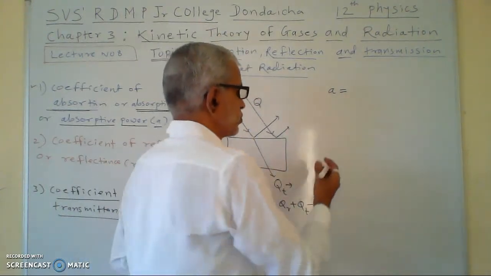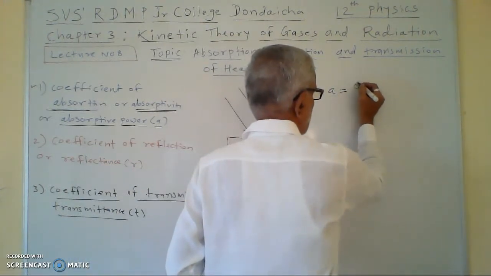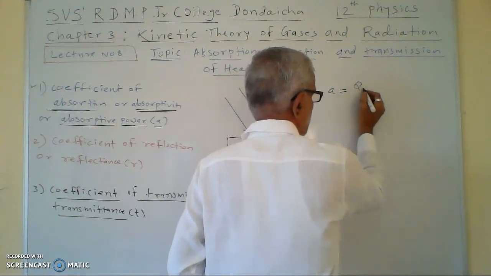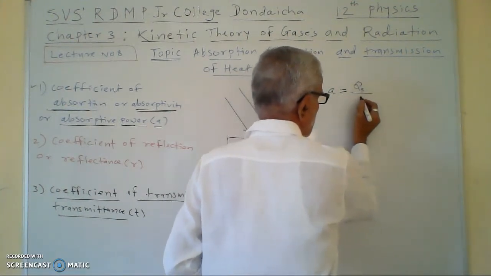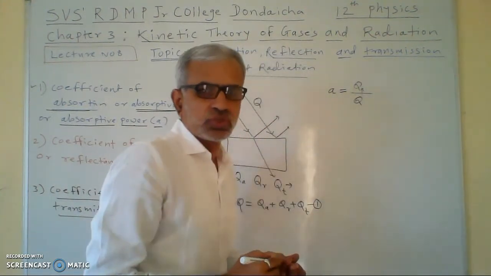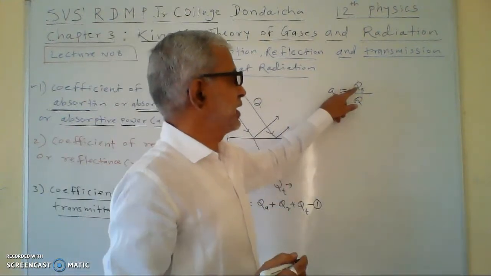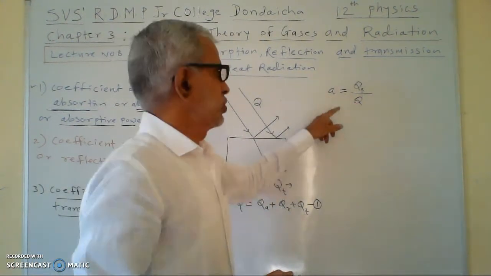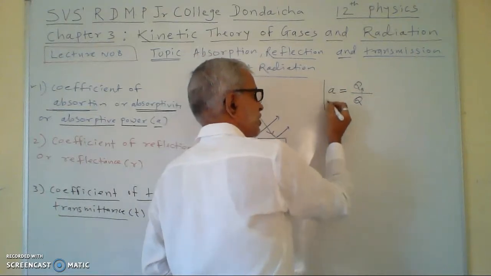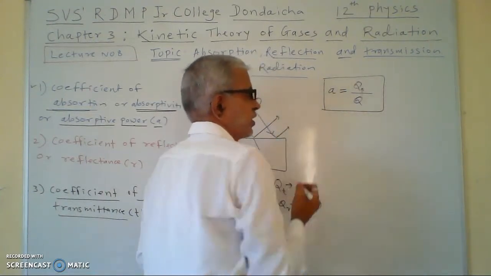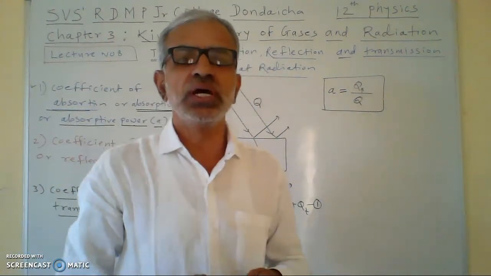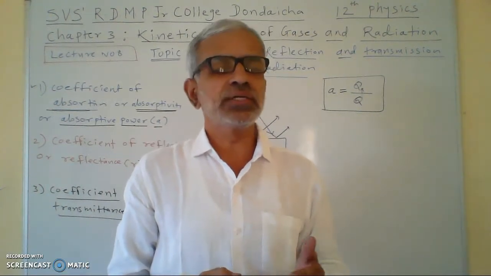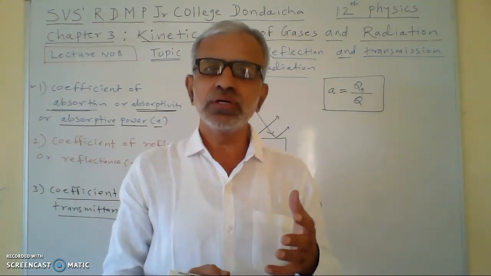So we can write A equals QA divided by Q. This is the quantity of radiant energy absorbed by the body divided by radiant energy incident. So this is the definition, this is the formula of the coefficient of absorption. It is also called the absorptivity and it is also called absorptive power of the body.